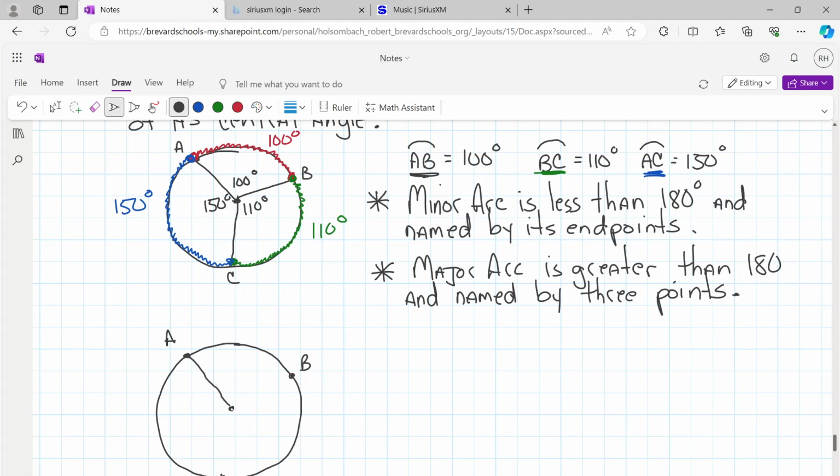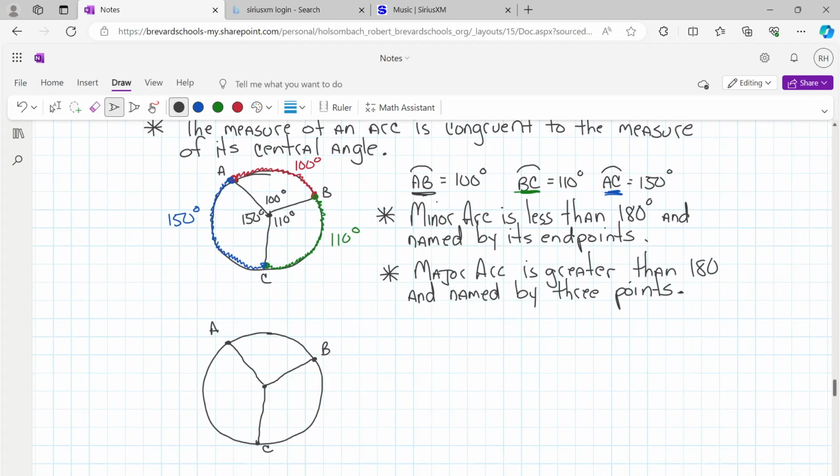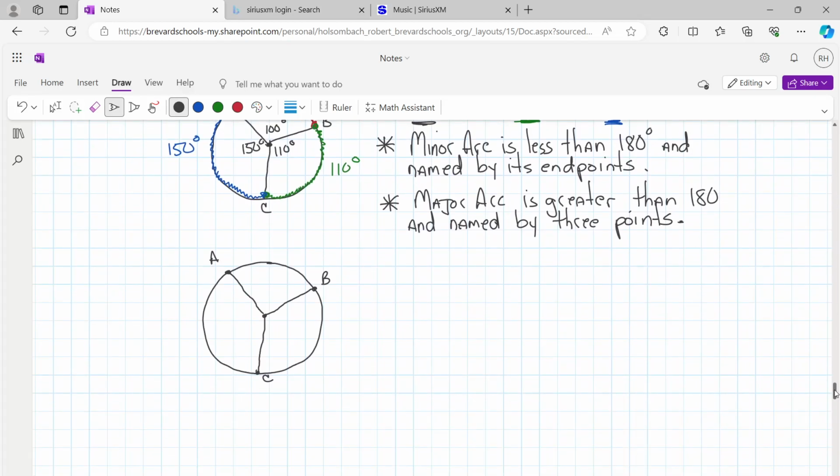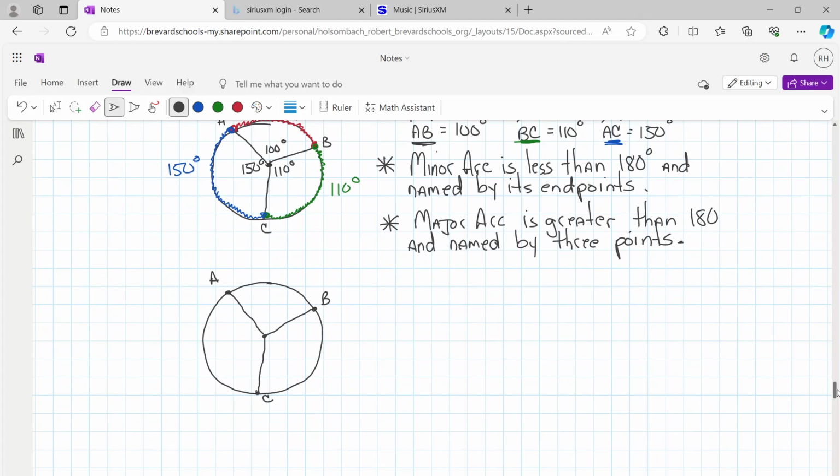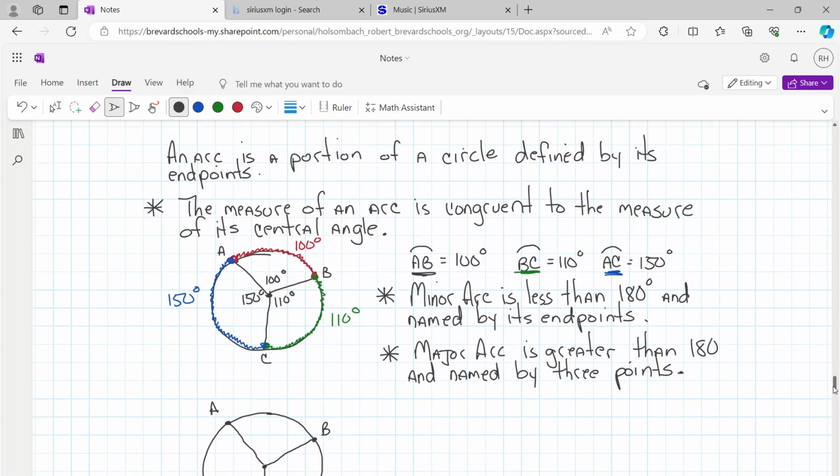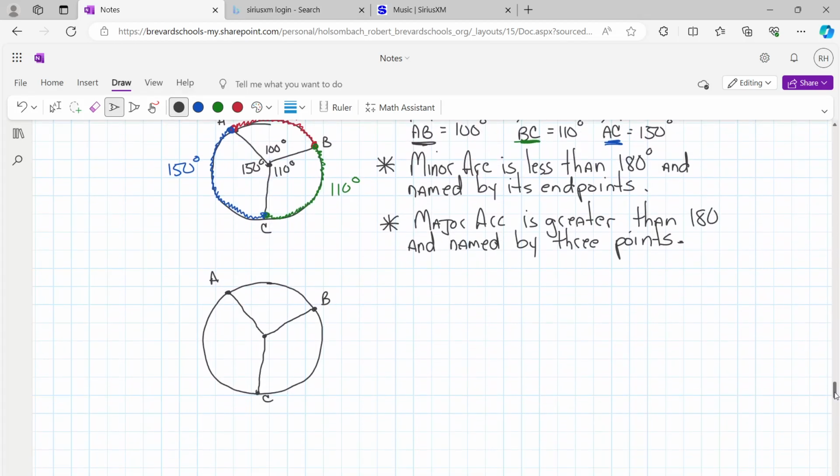Try to use the same picture so that you can see the difference between these minor and major arcs. In the top example, we were talking about minor arcs. Now, there are a lot more arcs in this picture than those 3 minor arcs.